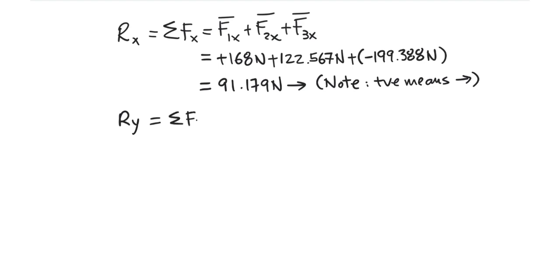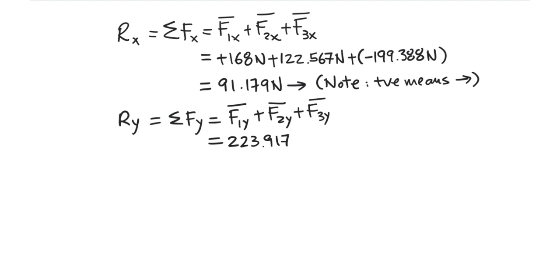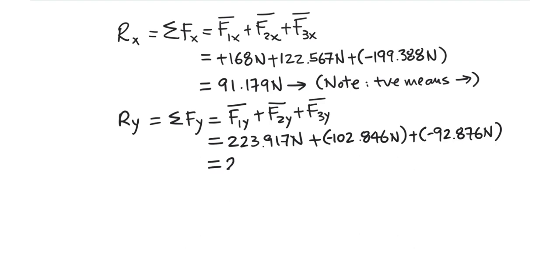Ry equals the sum of all y component forces equals F1y plus F2y plus F3y, equals positive 223.917 Newton plus negative 102.846 Newton plus negative 92.876 Newton, equals 28.195 Newton pointing upward.